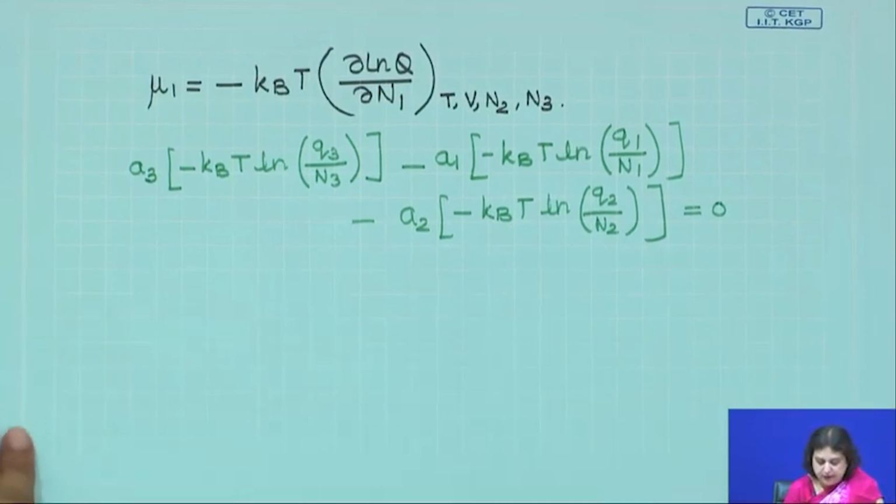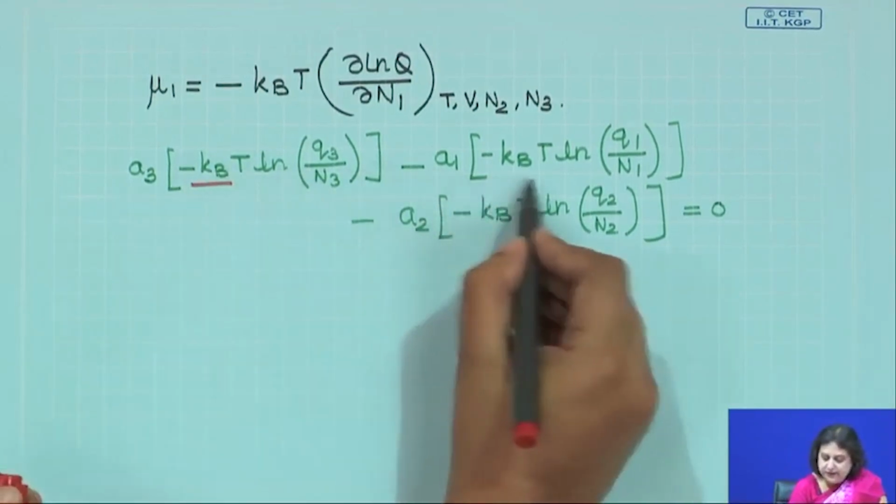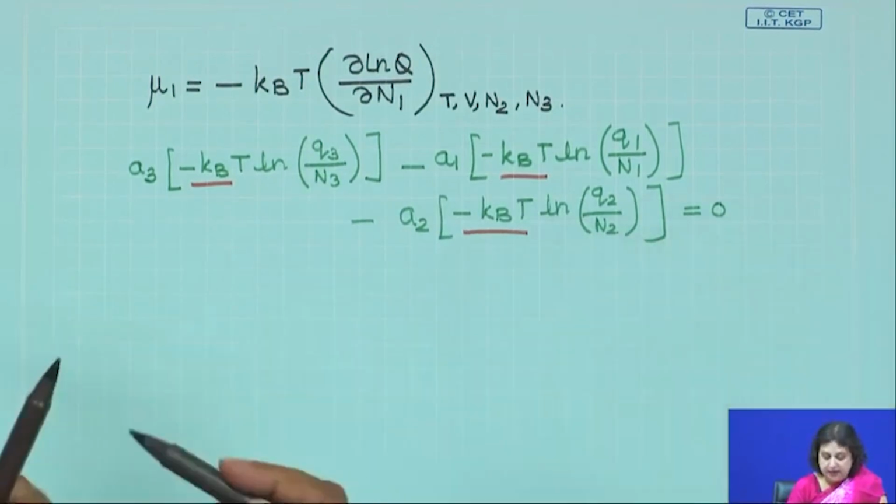Now, I simplify many of these things as I see that this kT term can be easily dropped because on this side I have 0.